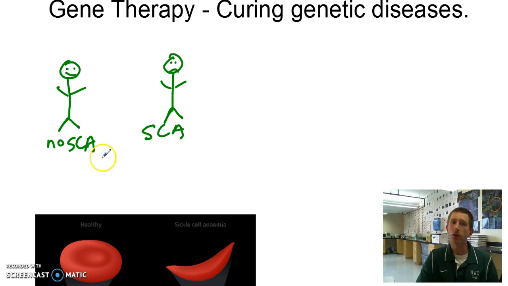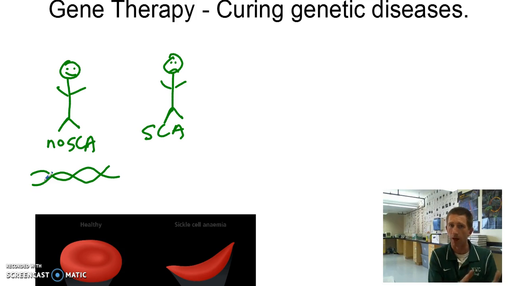Okay, so what gene therapy looks to do is we can take the DNA from this person that does not have sickle cell anemia. Since we can sequence DNA now, we know exactly where that gene is and what it makes, and we can use restriction enzymes, right? And we can cut out the gene that makes hemoglobin. So we can just write HB, hemoglobin, okay?